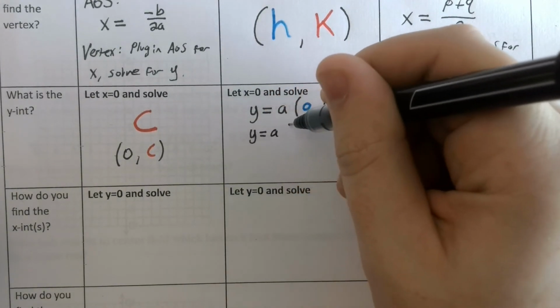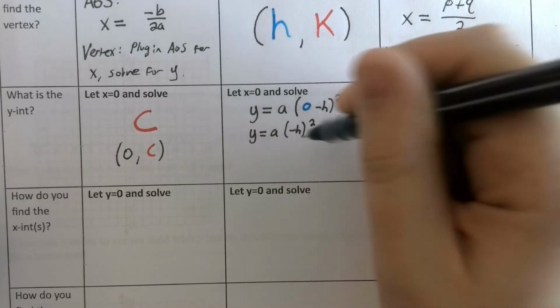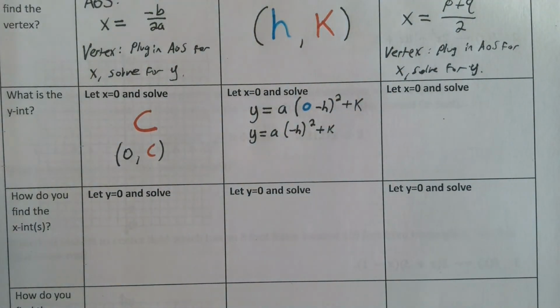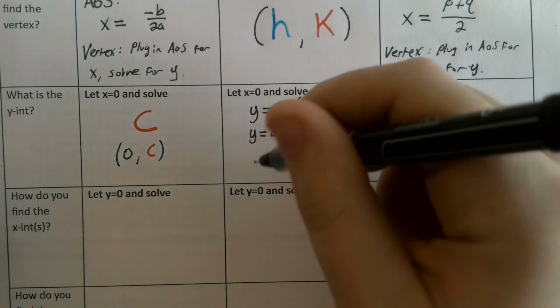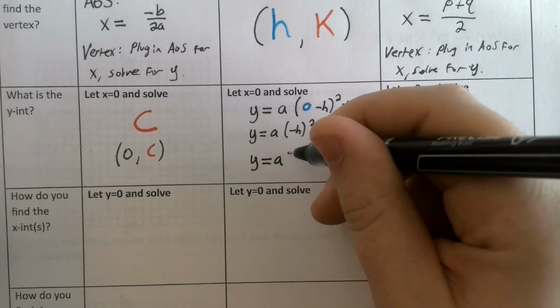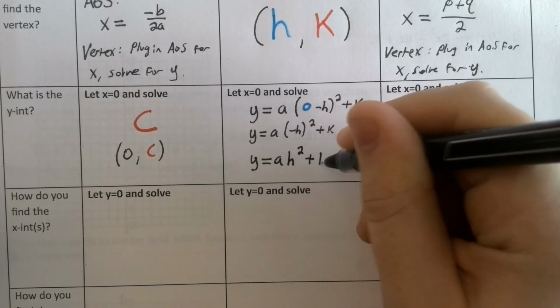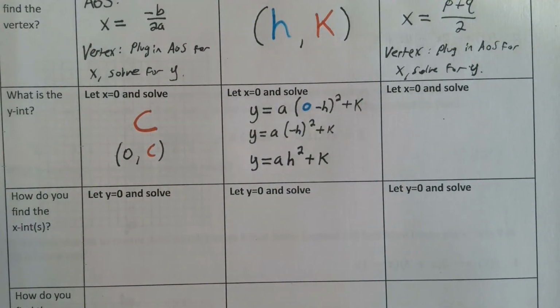So once again, if we have something like this, what's negative h times negative h? It's just h squared. So the y-intercept is whatever a times h squared plus k is. You have to solve to figure it out, though.